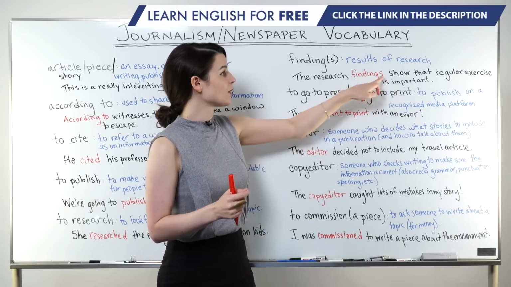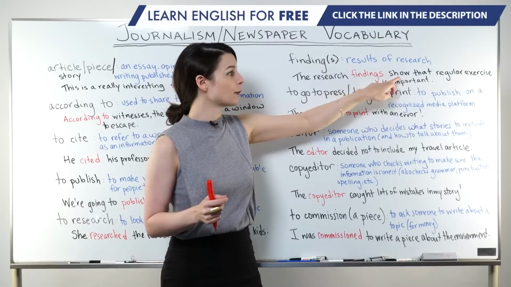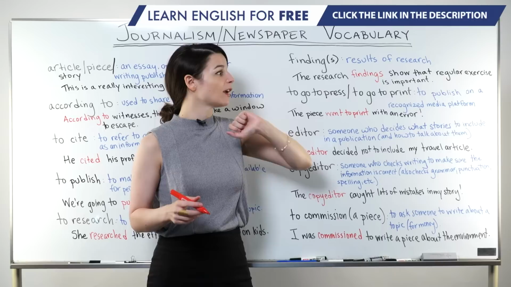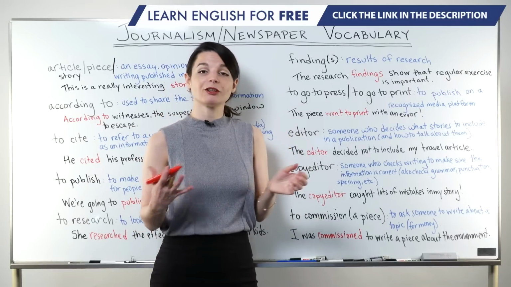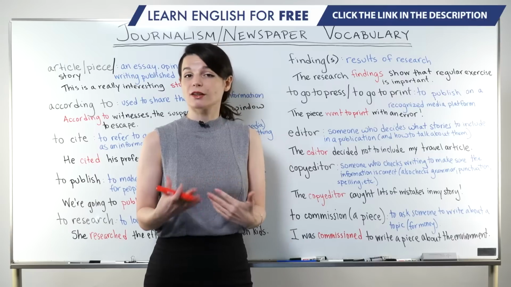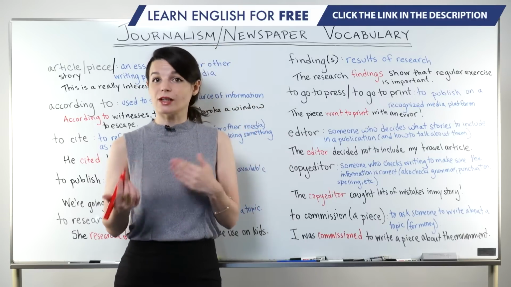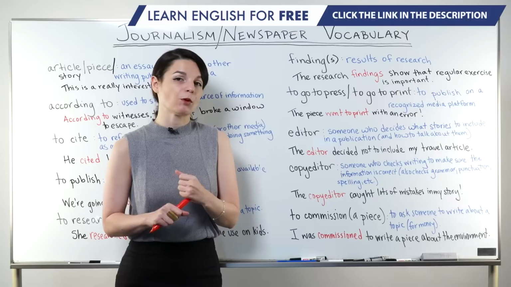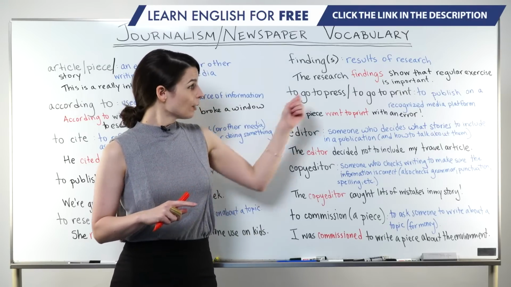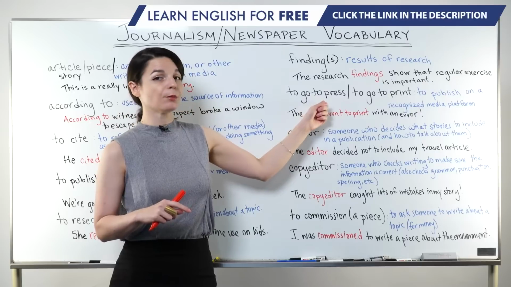So in this case, we're using the plural findings, so we don't need to change show to shows. The research findings show that regular exercise is important, or we learned from our research that regular exercise is important. So this is another way to describe research outcomes or research results, but we use finding or findings to do that.